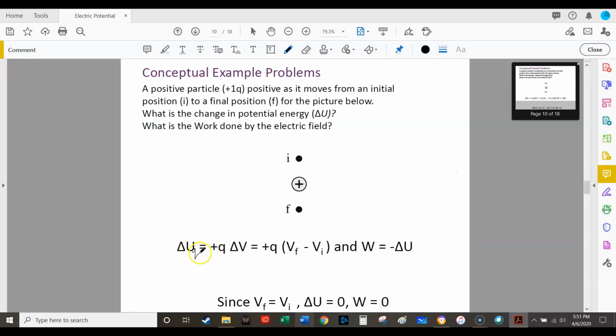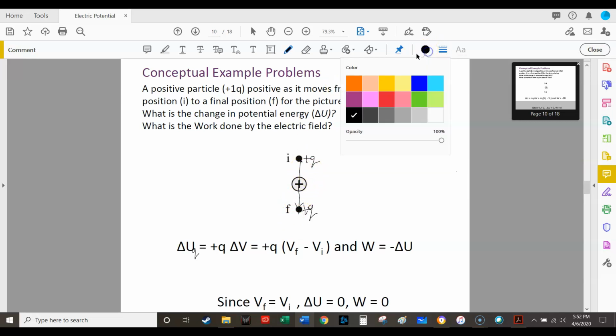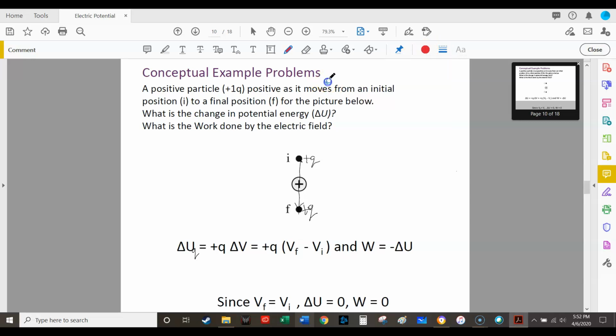So it's U sub Q, and this is a test charge. We're going to put a positive Q here, and then we're going to put a positive Q here. Suppose you move a positive Q here, and then you move it directly to point F. Now, what I want to point out is that this distance here is equal to this distance here, right?